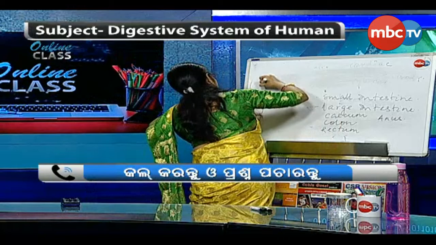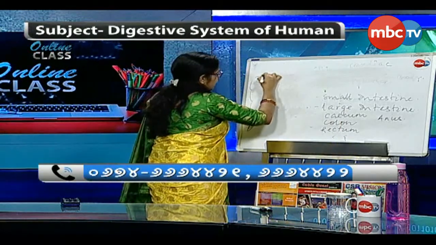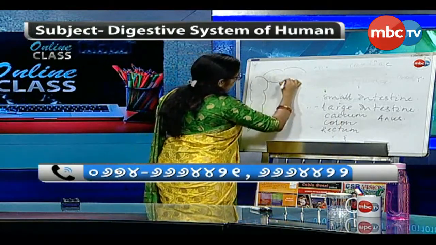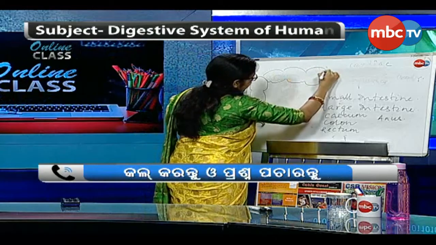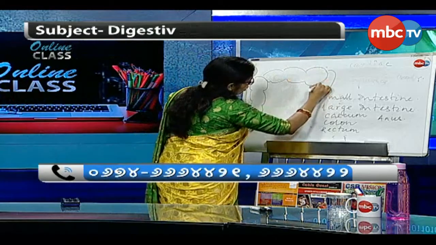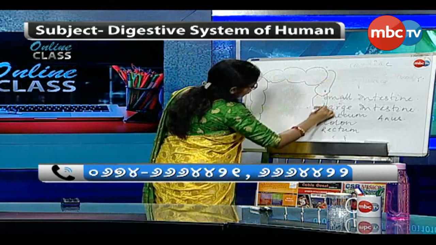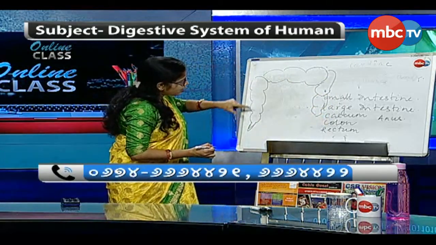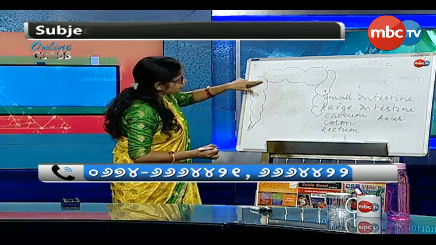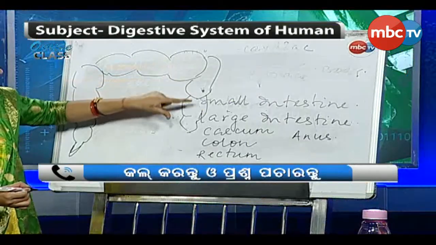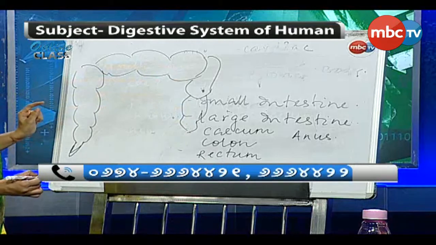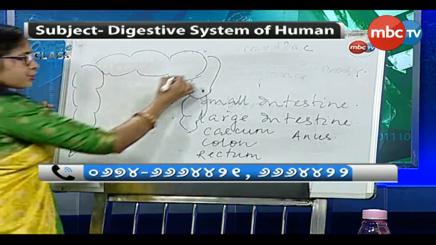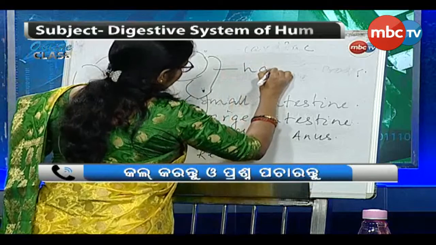Throughout the length, the colon contains a number of pouch-like structures, and these pouch-like structures which are present throughout the colon are known as haustra.